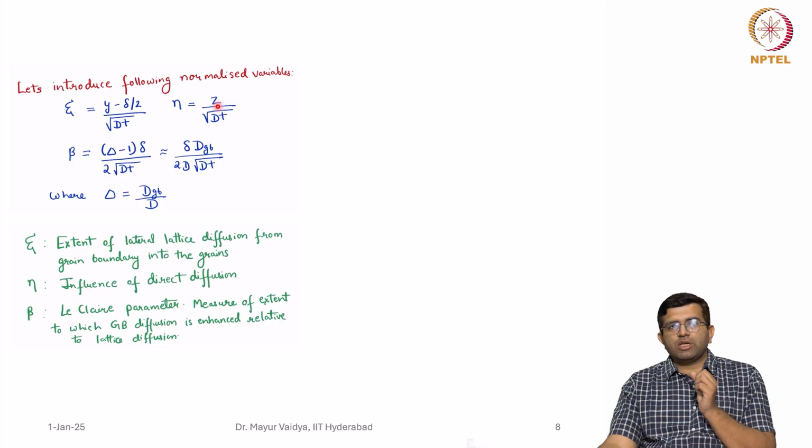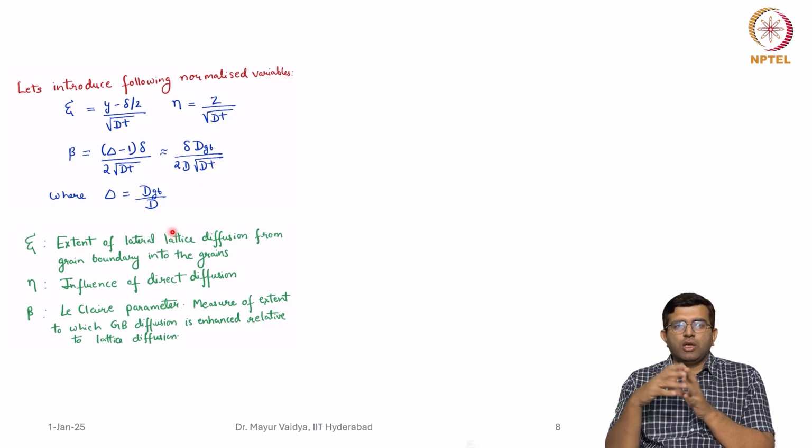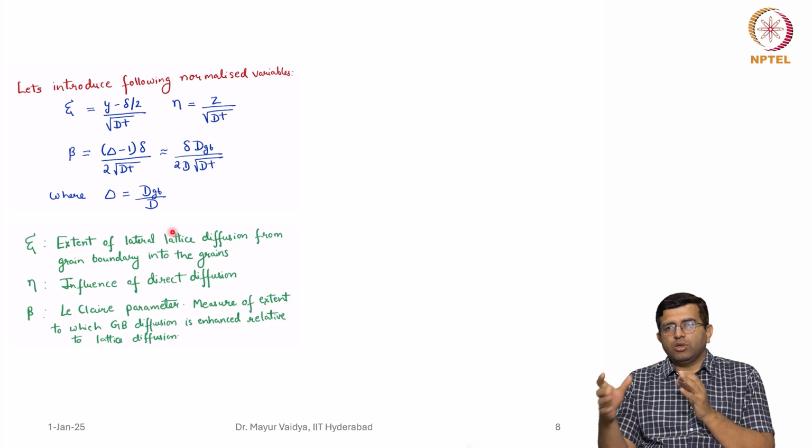So, that is why you see that you have z by root Dt, and beta, which is also known as the Leclaire parameter, is a measure of the extent to which grain boundary diffusion is enhanced relative to the lattice diffusion. So, δ into DGB by D into root Dt, this ratio is a sort of measure of extent to which the grain boundary diffusion is enhanced in comparison to the lattice diffusion.